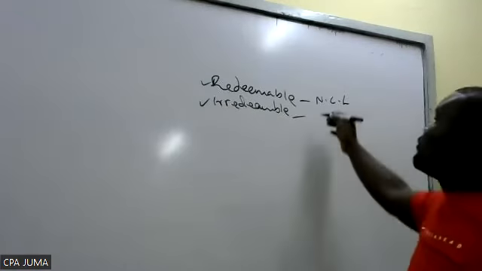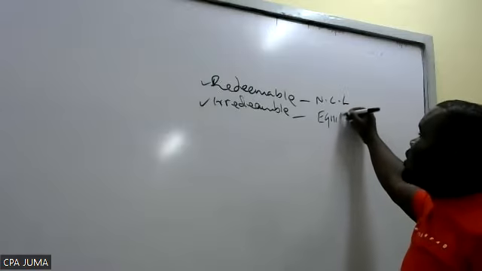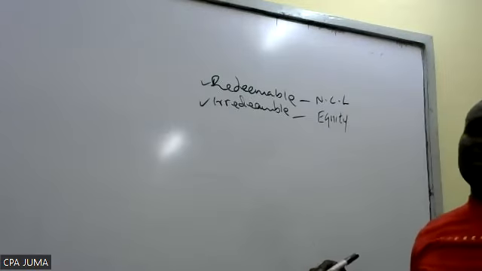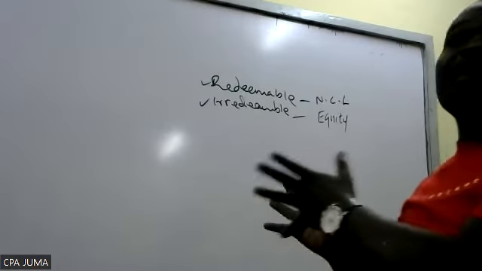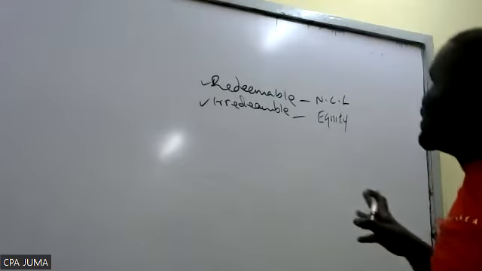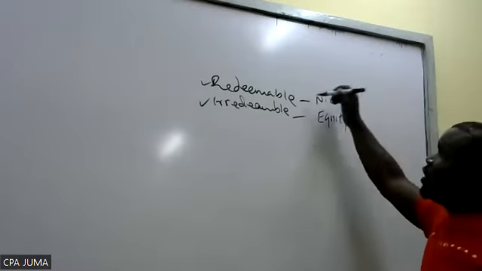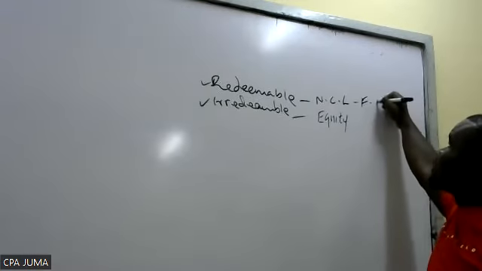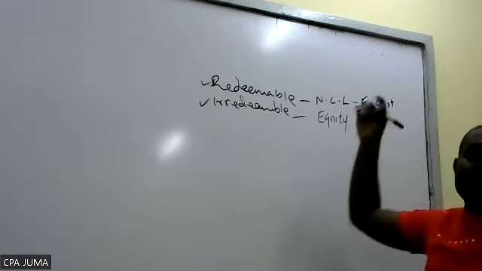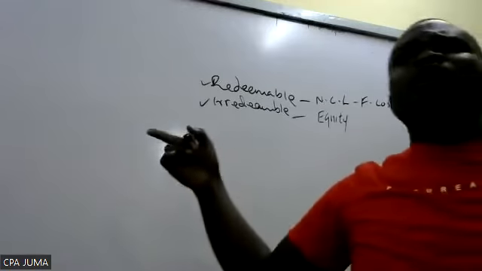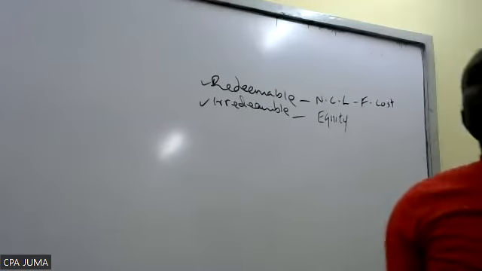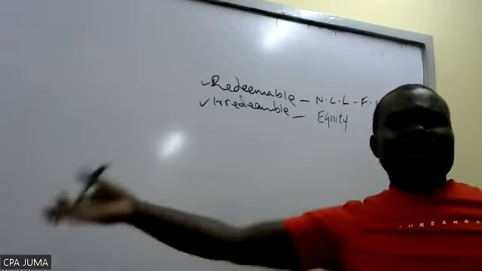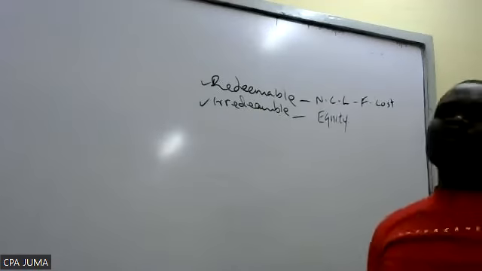But irredeemable are there forever. So this one is treated as part of equity, all of which are paid dividends. The dividends you pay to redeemable is not treated as dividends per se. It's treated as finance costs. It is normally viewed just as a cost of financing that loan, because they give you capital, but after 3, 5, 10 years, they take their money and leave.